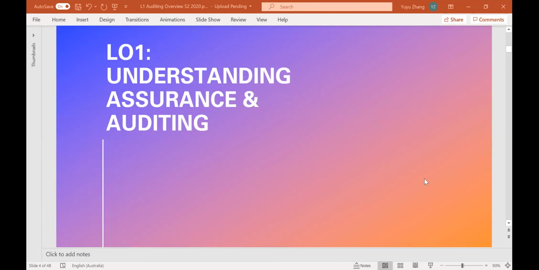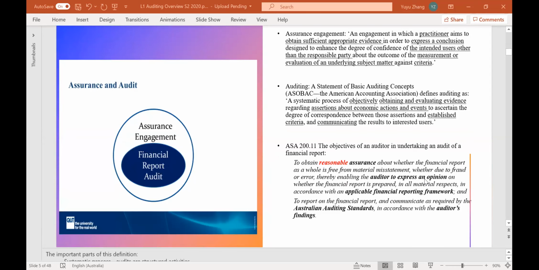Part one, understanding auditing and assurance services. Here we have a figure regarding assurance on an audit. From that, it's very clear for us to know that audit is one type of assurance engagement.